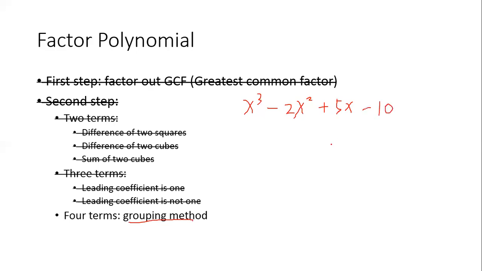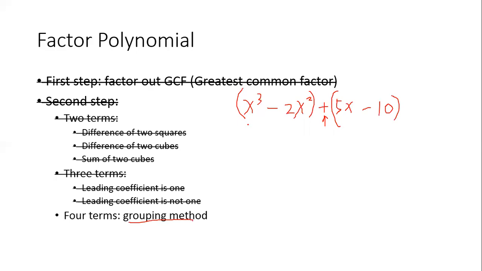What we're going to do is make it two groups. Most of the time, two terms make one group. So I make the first two a group and the last two a group, using parentheses to enclose them, and I keep the addition sign between them.